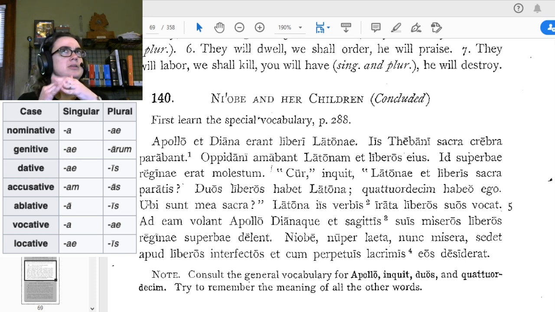This is not uncommon in Roman storytelling. Even though everything is taking place in the past, because it is a story, they switch to present for vividness. I guess the technical term is historical present. They're using the present for something in the past tense. And that's really all there is to it.